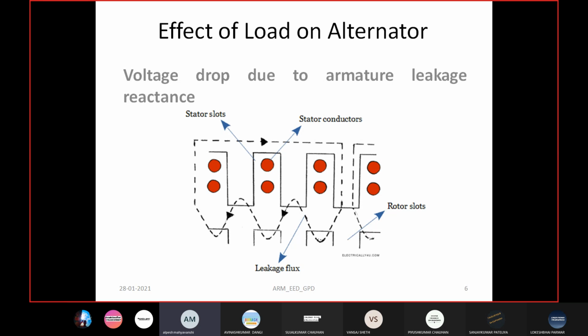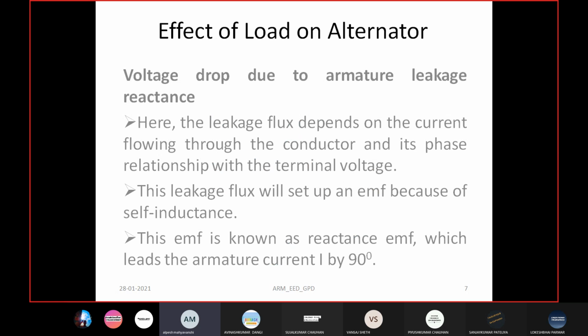Look at this image. These are the stator conductors and these are the rotor conductors. In between, some flux takes a different path. This flux is known as the leakage flux. This leakage flux depends on the current flowing through the armature conductor.